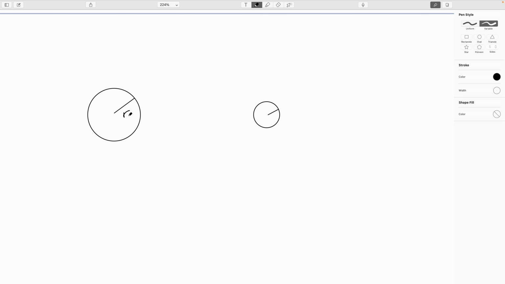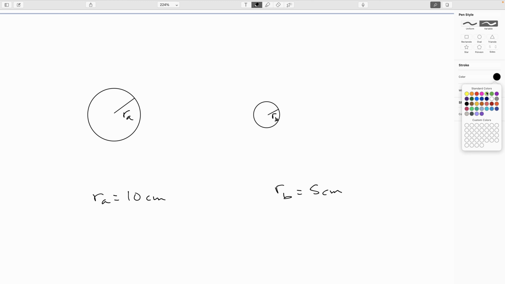So let's say this is pulley A, this is pulley B, so radius A, radius B. We'll say that radius A is 10 centimeters, and radius B is 5 centimeters. Now, we'll have this attached to a fan belt. Let's draw the fan belt in purple.